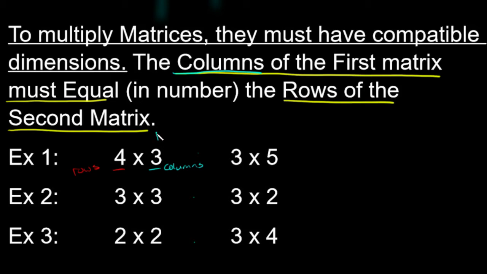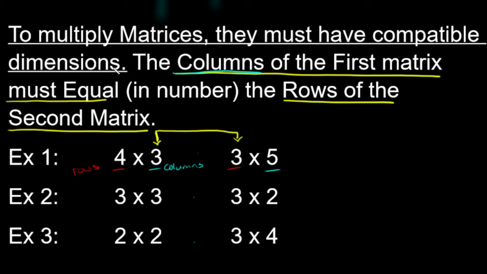So that is 3. Must equal the rows of the second matrix. So this is the rows and this is the columns. So that's to say that the columns of the first matrix must equal the rows of the second matrix.